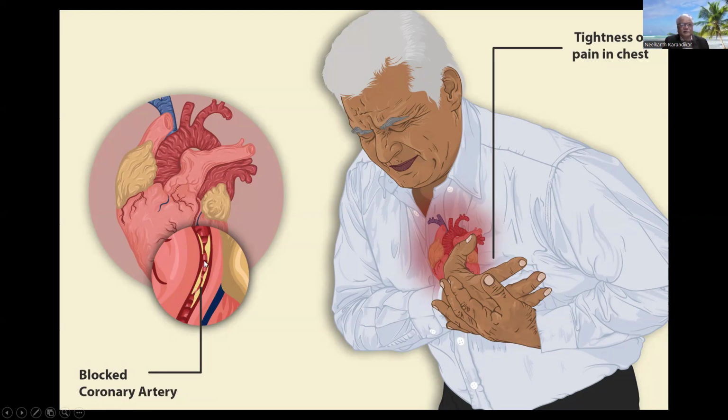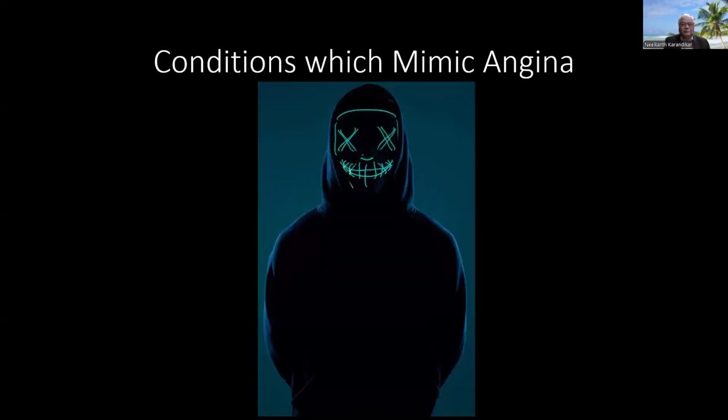We discussed the types of angina, how to diagnose angina, etc. But today we are going to discuss one condition which mimics angina very much. In many, many cases, we come across such a situation.